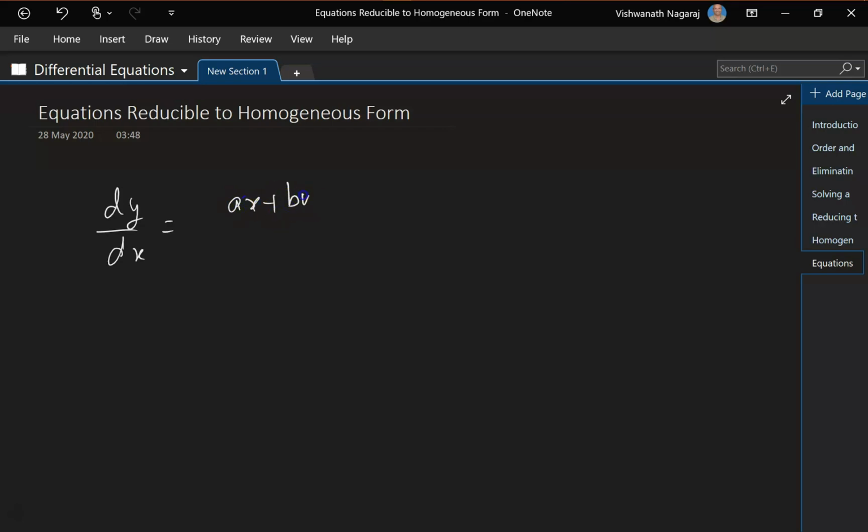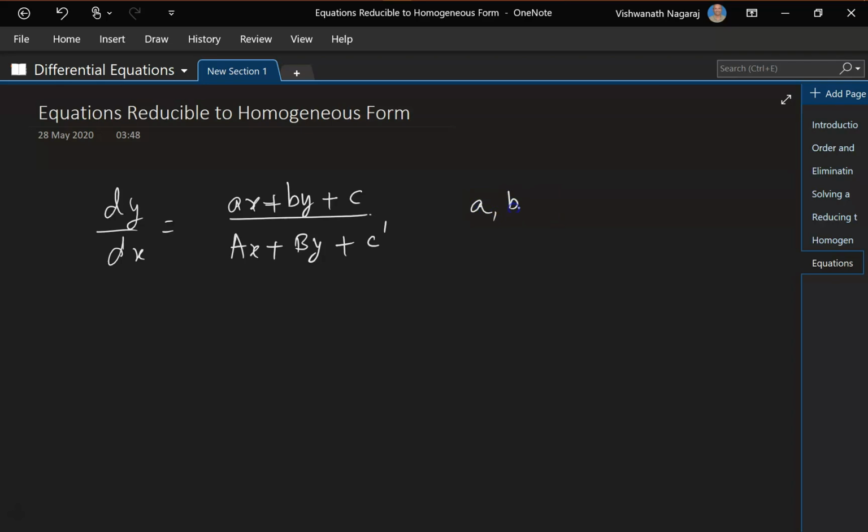dy/dx = (ax + by + c) / (Ax + By + C'). Why I'm using c dash is it's difficult to differentiate between capital C and small c when we are writing it by hand.